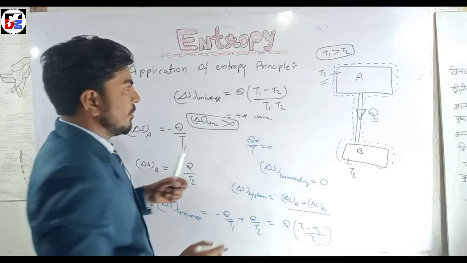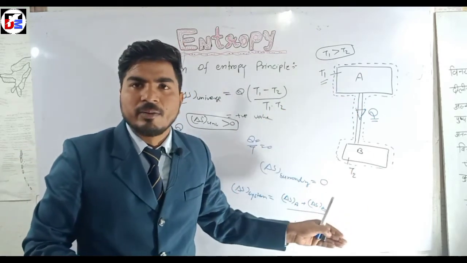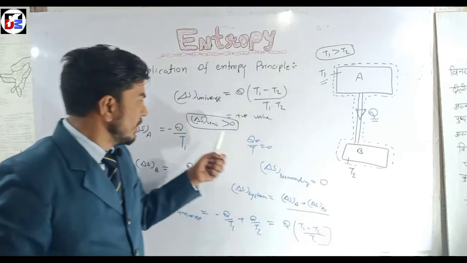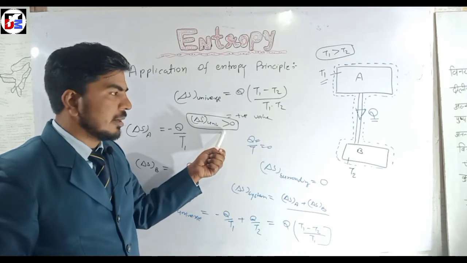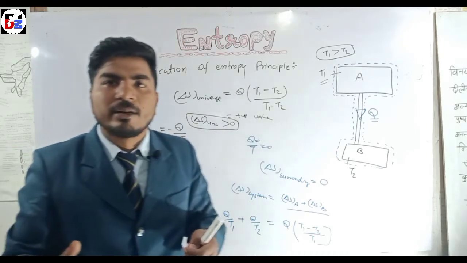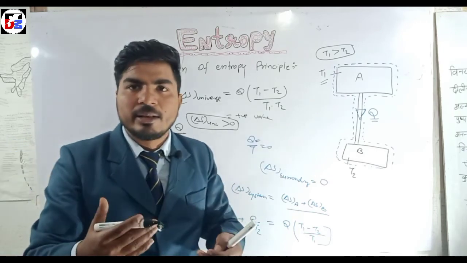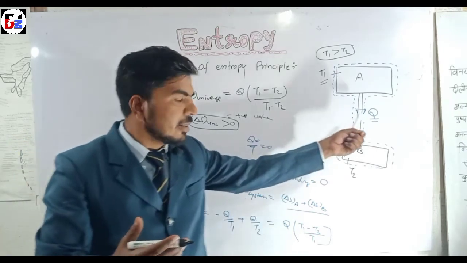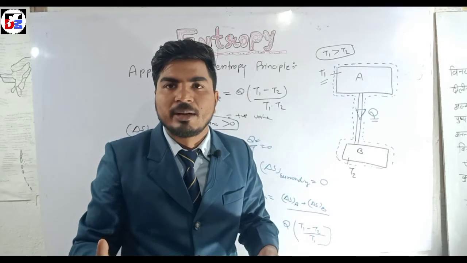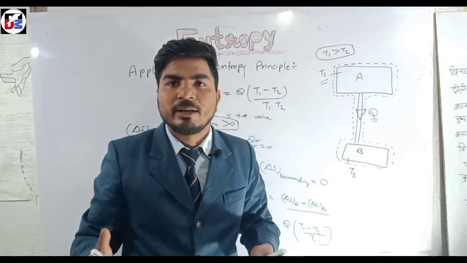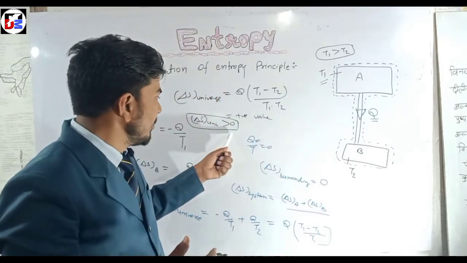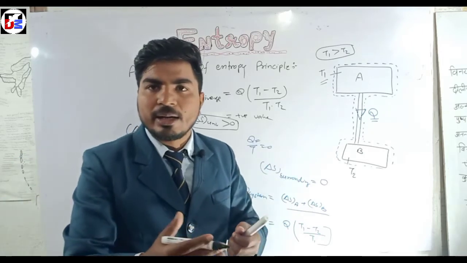So this process takes place only if delta S universe is greater than 0. It means the entropy change of the universe is greater than 0. That means this process is going on in an irreversible manner, because the entropy change of the universe is equal to 0 or greater than 0.